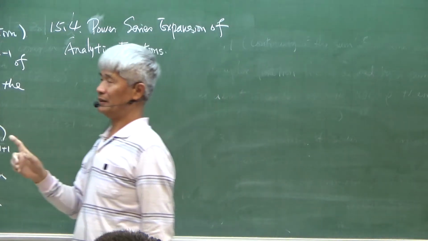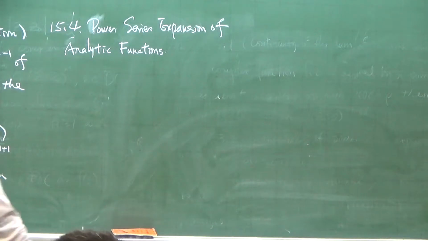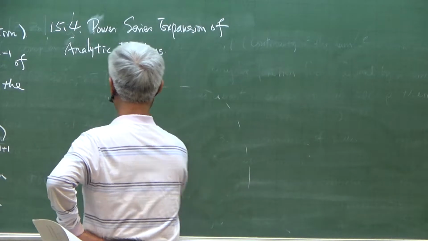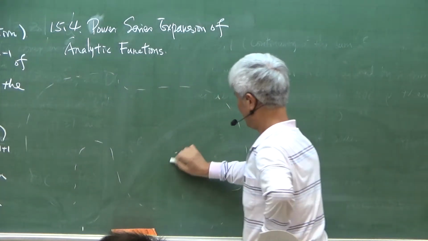But there is one point that I will show to you: at least locally, any analytic function can be defined by a power series. Locally. So let me draw the picture here. Suppose that we have omega, any open set in the complex plane.